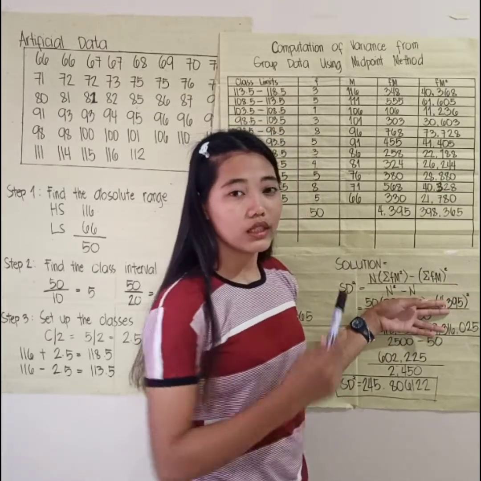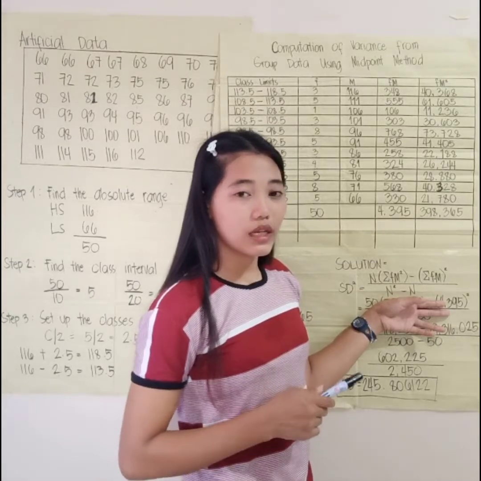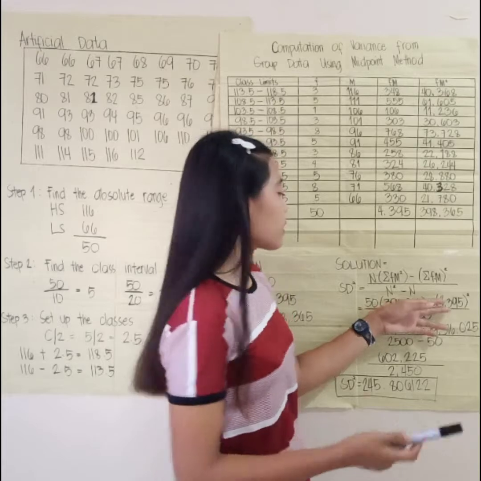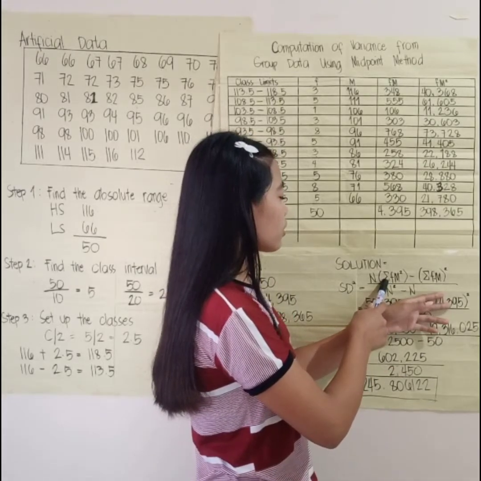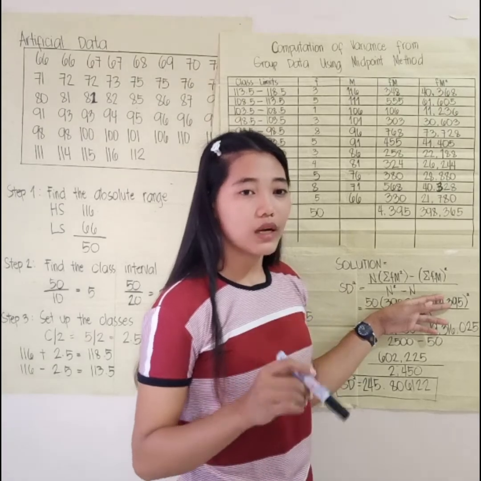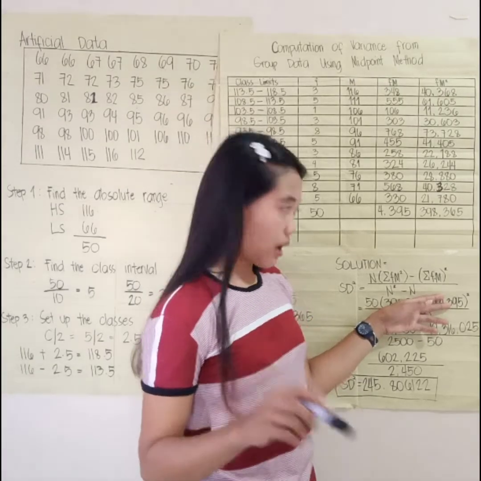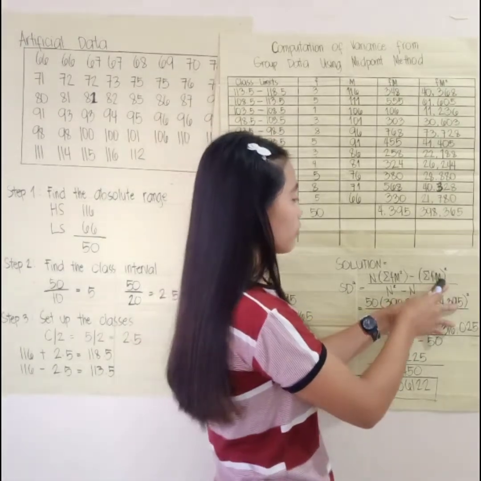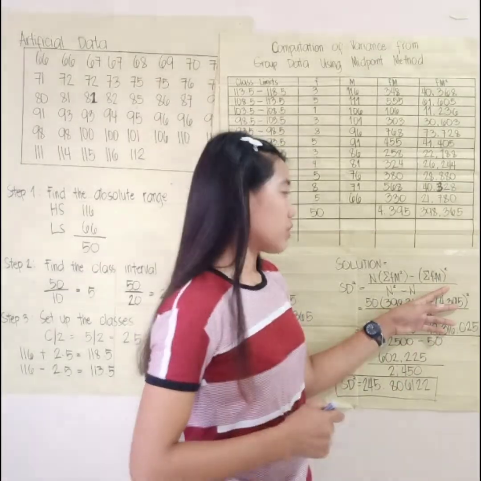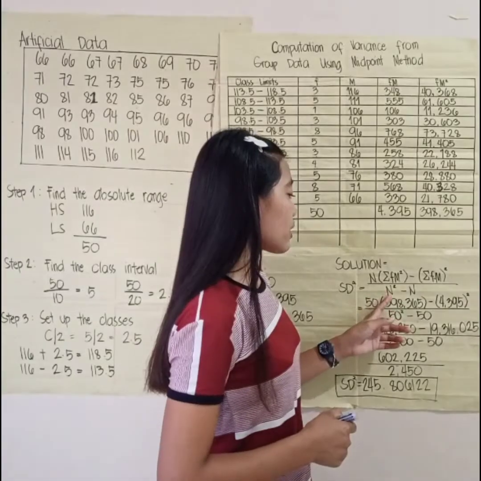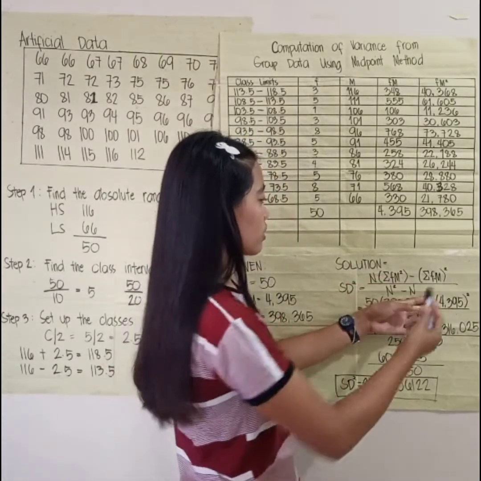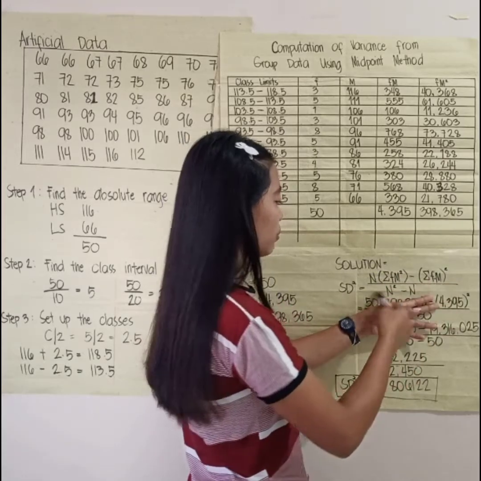SD squared in our formula stands for variance. n stands for the number of cases. The sum of Fm2 stands for the sum of the product of Fm times m. The sum of Fm stands for the sum of the product of frequency times midpoint. To substitute, let's start with the upper part.